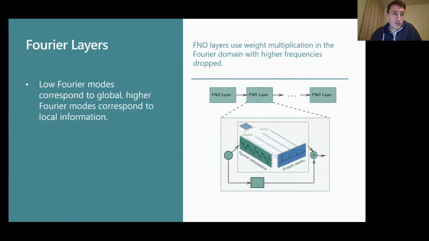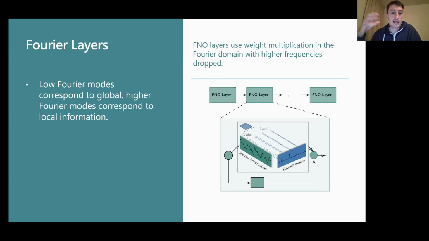And if you compare UNets to Fourier layers, they are basically very, very similar. But what the UNet is doing within one architecture, the Fourier layer is doing in one layer. Because a Fourier transform is nothing else than taking your signal and transforming it into different modes. So you have the low modes, which correspond to global information, and the very high modes, which correspond to local information.